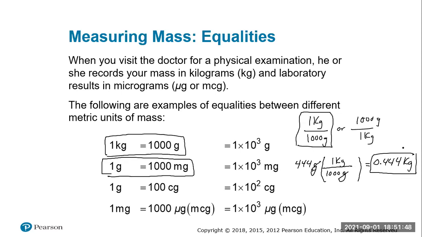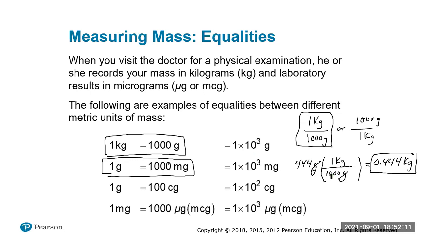So when we do a calculation like this, we do want to follow our significant figure rules. Earlier, if you remember, we talked about the idea of exact numbers. Exact numbers are numbers that are counted or definitions. When we do calculations that involve exact numbers, we pretty much ignore them in terms of significant figures.